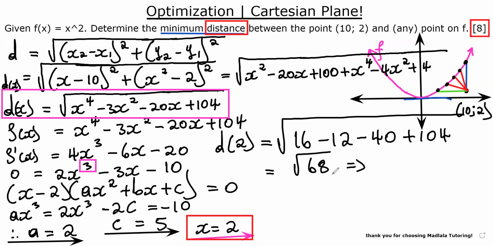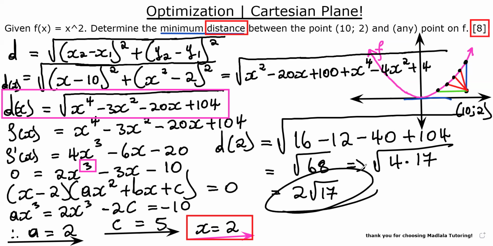Well, if you like, you can just say 68 can be written as 4 times 17 if you want to simplify it further. And then you'll say the square root of 4 is 2. So yeah, this will just be your minimum distance.